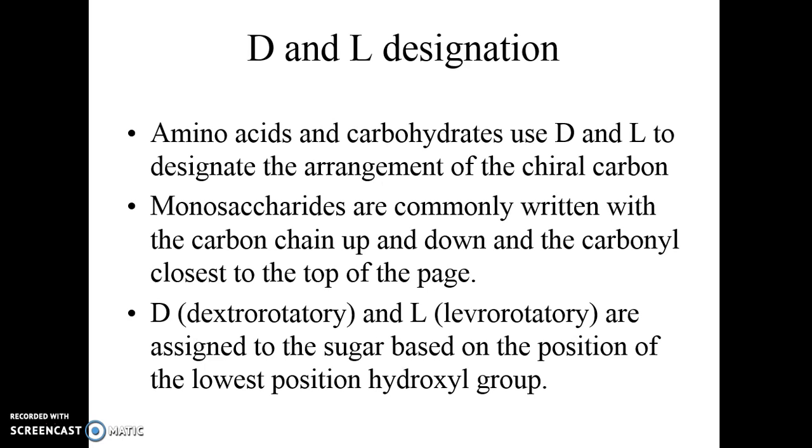It does if you are dealing with chemistry, but not in biochemistry. It's based on the configuration of the carbon. We're going to go into this in greater detail so you better understand. D and L in chemistry stand for dextrorotary and levorotary, but when we get to biochemistry, it takes off in a different direction.